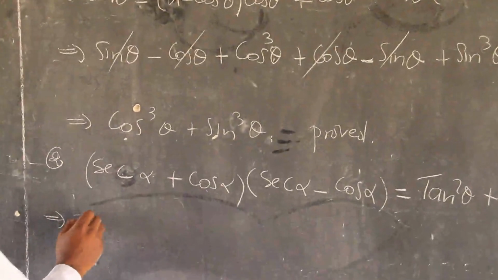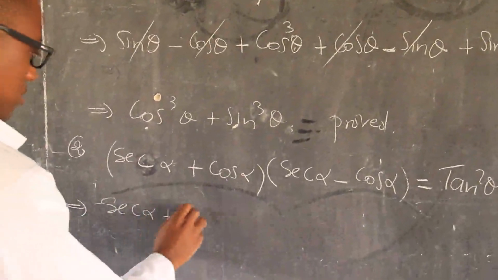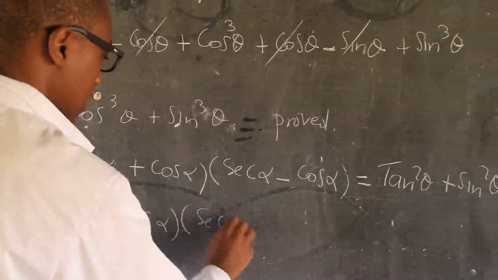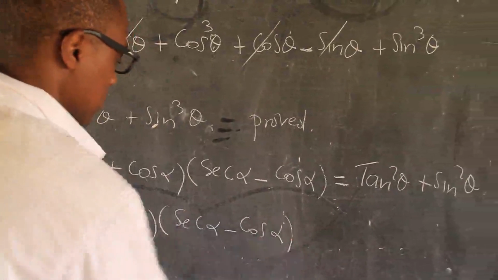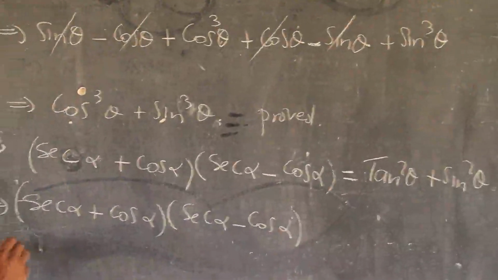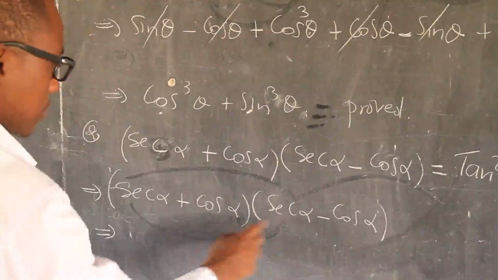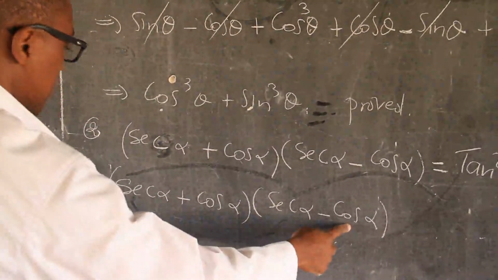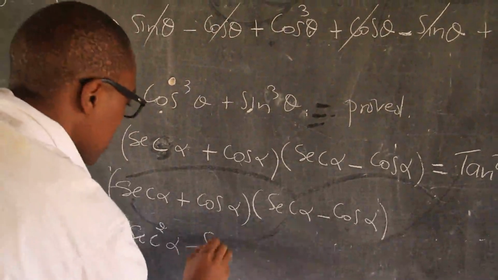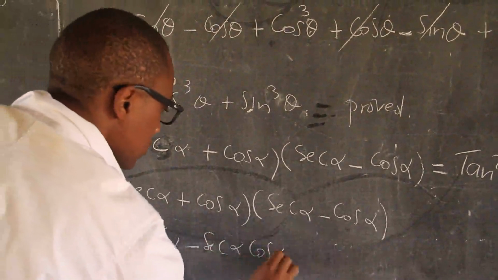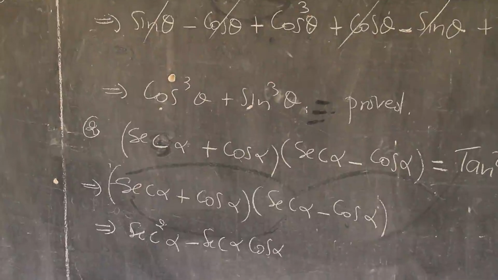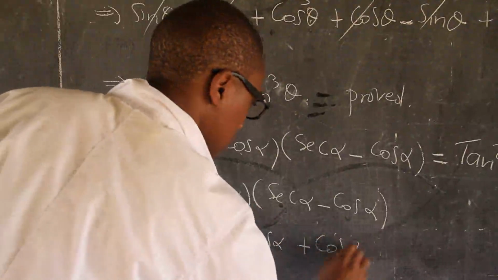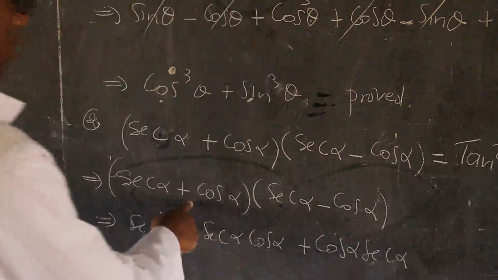So sec alpha plus cos alpha times sec alpha minus cos alpha. This one is sec squared minus sec cos, and cos sec, then minus cos squared.